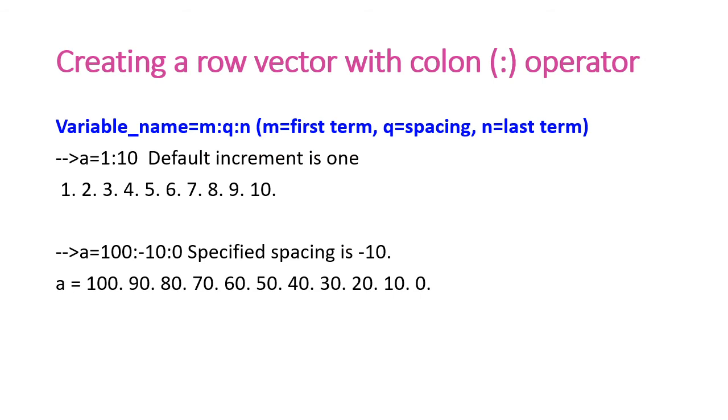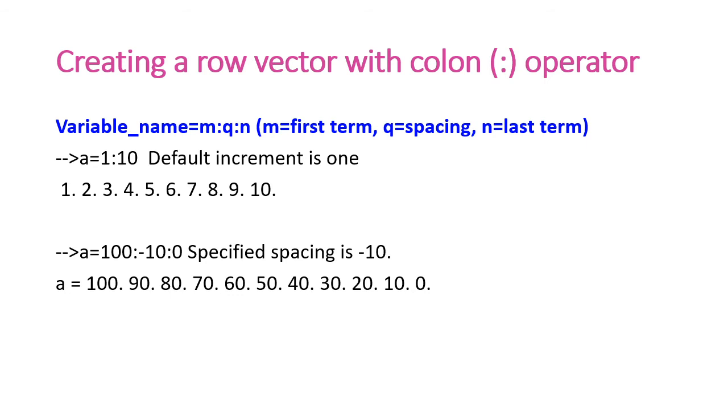If you want to display a sequence of data in series, then you can go with A equal to 1:10. So starting value of 1 and ending value of 10 with the default increment of 1 will be displayed in a vector variable called A here. So here you can give the sequence as first term, spacing, and last term.